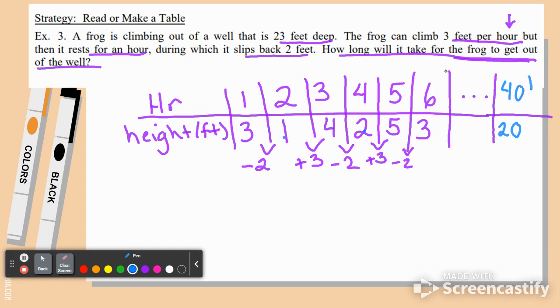Remember, I'm trying to get to 23. And I notice that my pattern was always adding after my even numbers, so I followed my even numbers, then I can add 3 and I end up at 23 when I get to hour 41. So it will take him 41 hours to get to 23 feet.